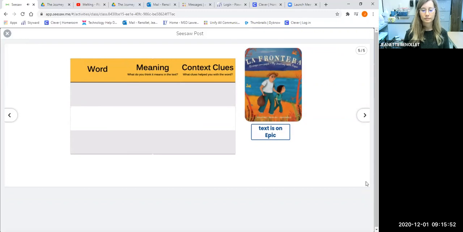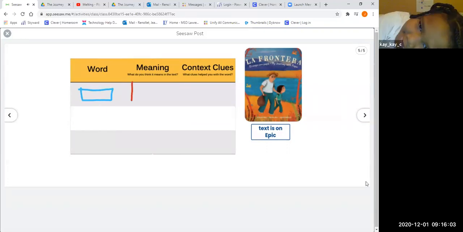On the slides, you will be given a word, and your job is to write what you think it means and then explain what clues you used in the text. If you used words or pictures, you need to write what clues helped you figure out the meaning of the word.